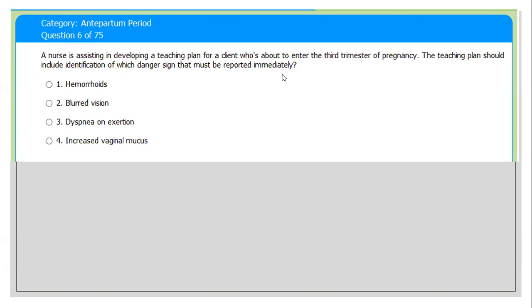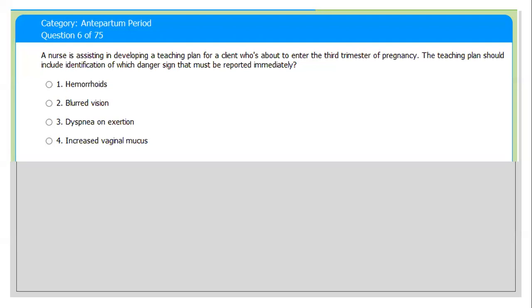So when a mother undergoes pregnancy, she has some discomfort, and this discomfort is acceptable or normal, but some discomfort is important to identify and notify to the healthcare provider because it is unusual, it is dangerous.